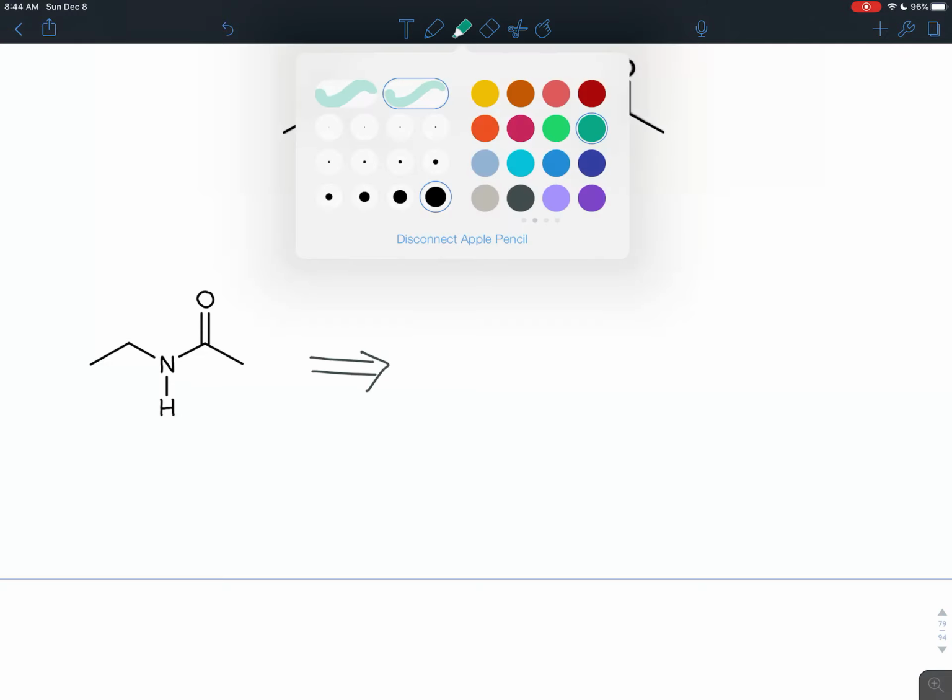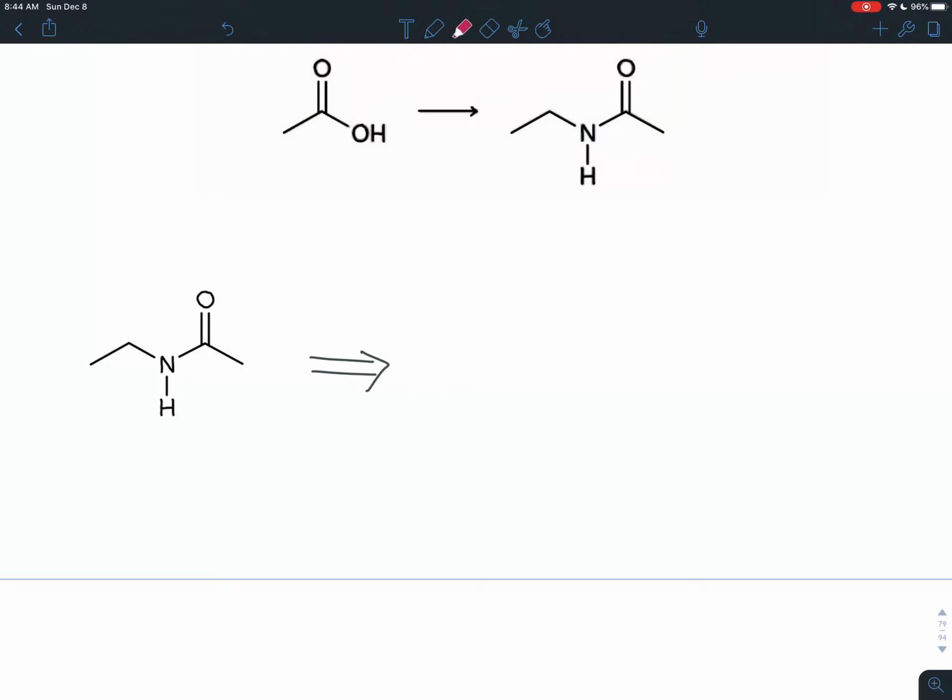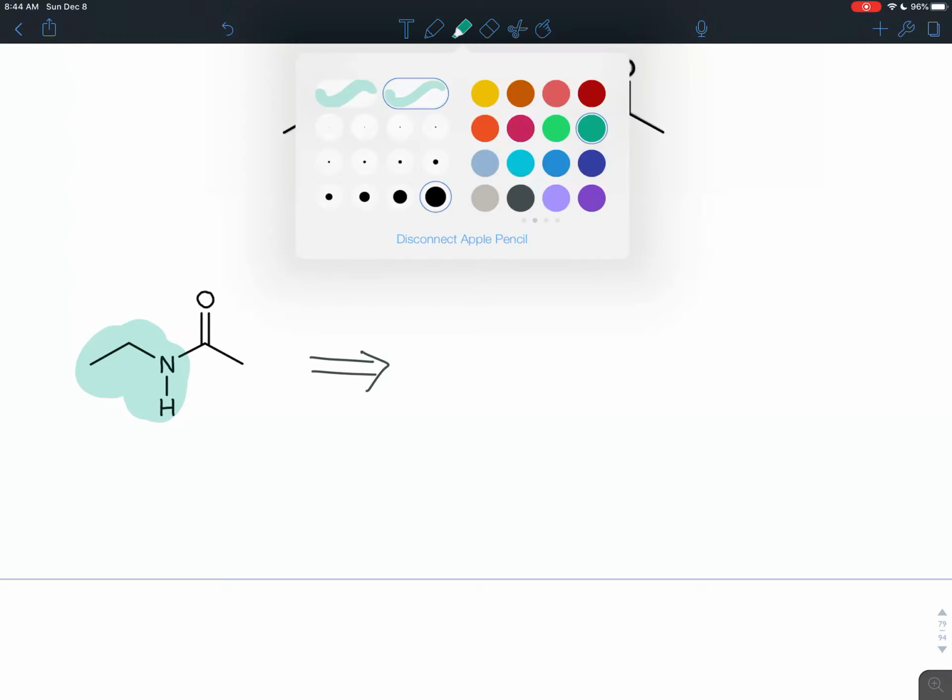Well, whenever you see an amide, or for that matter, any carboxylic acid derivative, you want to see the leaving group there, the group connected to the carbonyl, as a leaving group.